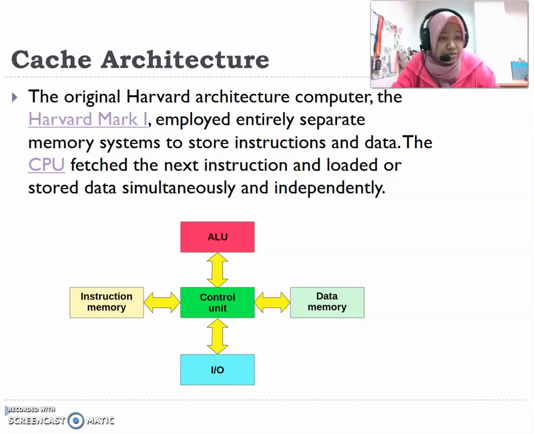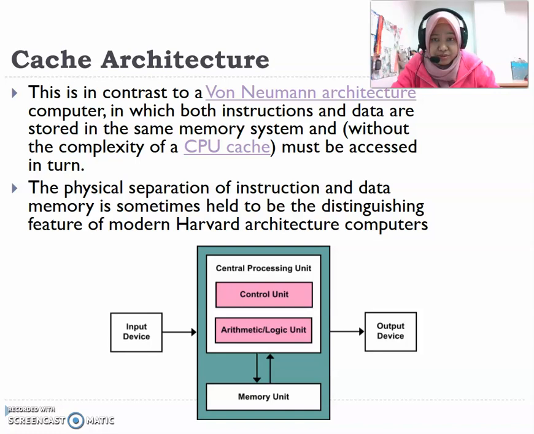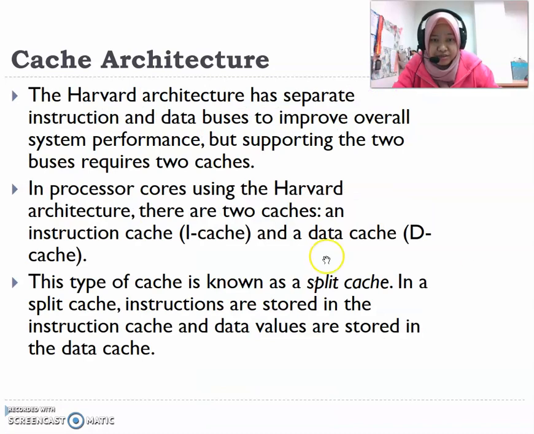We call these the iCache and the dCache. iCache stands for instruction cache, which is between the instruction memory and the processor, while dCache is the data cache, which is located between the processor and the data memory.